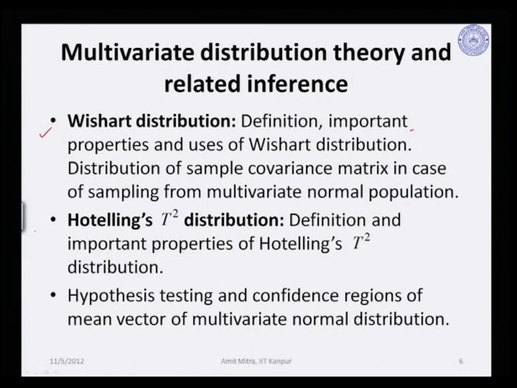Next, in the theory part of this lecture, we will look at what is Hotelling's t-square distribution. We will look at the definition and important properties of Hotelling's t-square distribution, and its relationship with the univariate t distribution. This is one distribution which is going to be based on the multivariate normal and Wishart distributions.